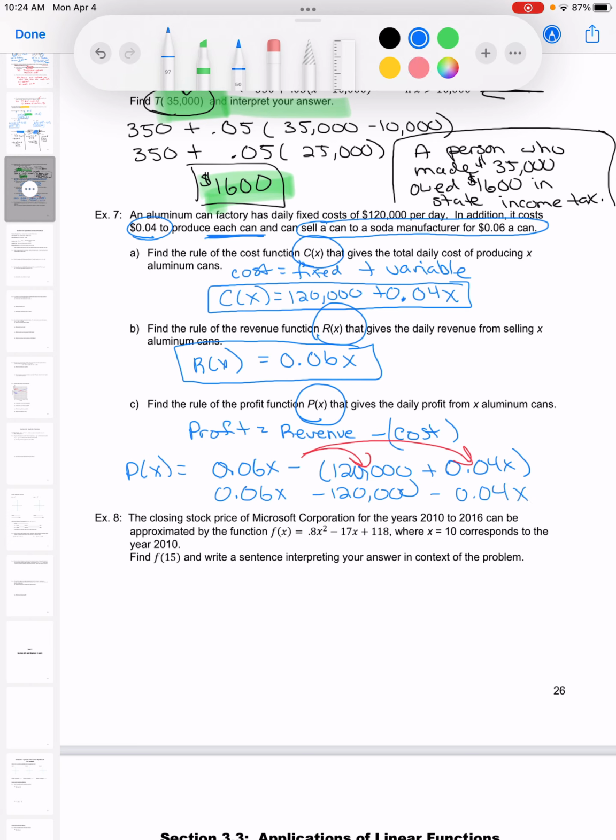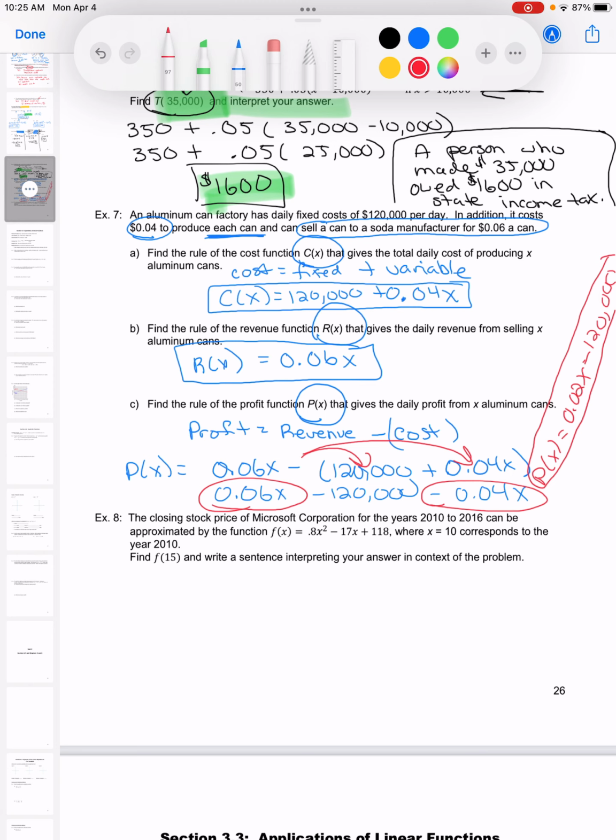And then my last step is to combine my like terms. I've got 2 x's there. And I'm going to write it maybe off to the side here. P of X is going to be equal to 0.02x minus $120,000. The order doesn't matter. You can start with the negative 120,000 if you want. You do have to have the negative sign in front of that 120 though.